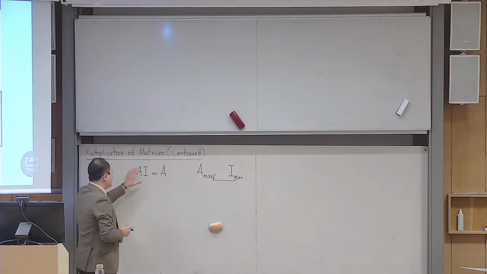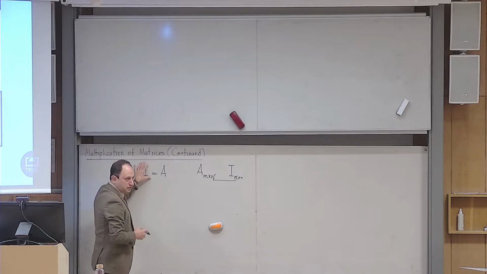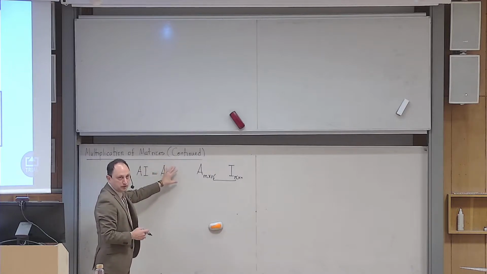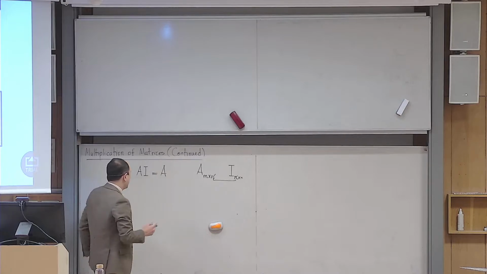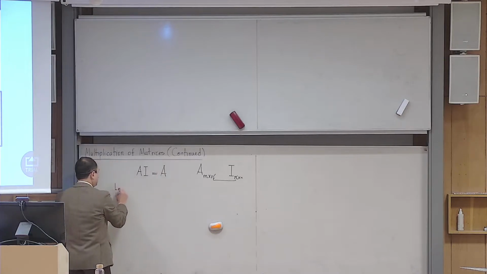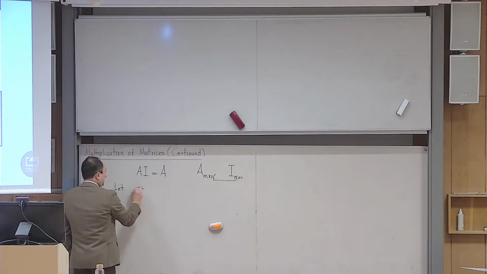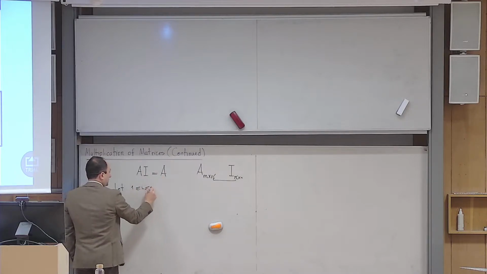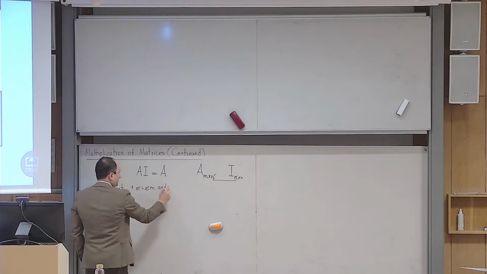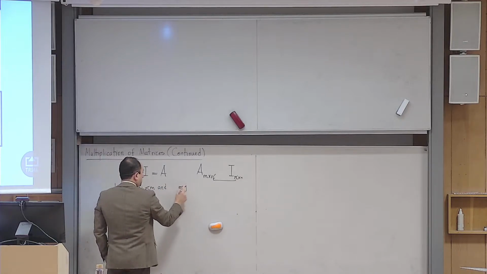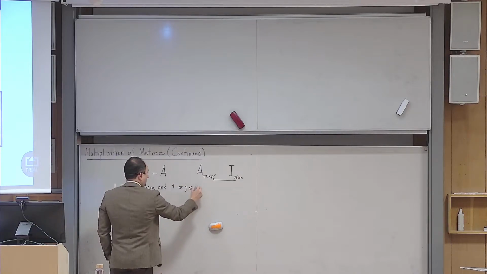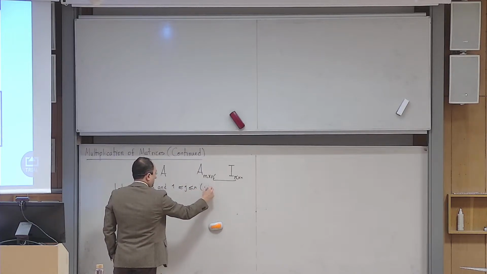But I need to show that every entry of this is equal to the corresponding entry of that. So I would say let i be a number between 1 and m, the number of rows, and let j be a number between 1 and n, the number of columns. Of course, here i and j are natural numbers.